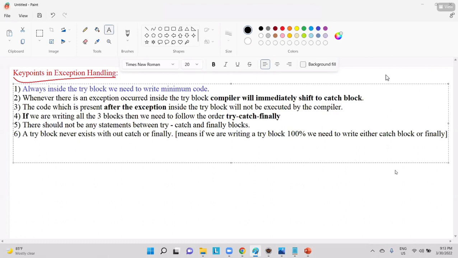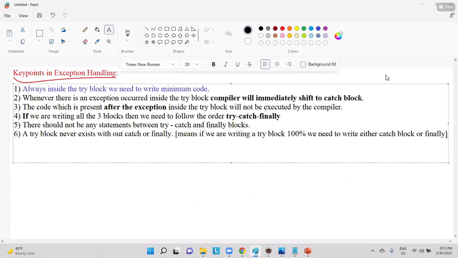Guys, did you understand this point? A try block never exists without catch or finally. Means, if you are writing a try block, 100% we need to write either a catch block or a finally block.